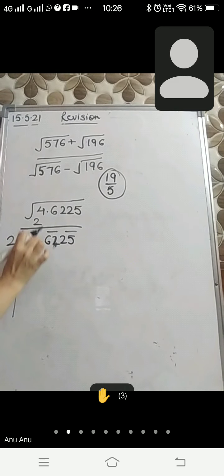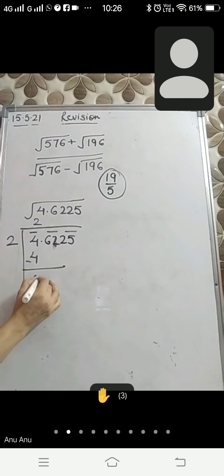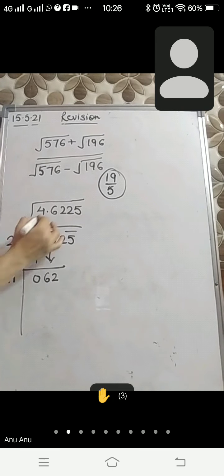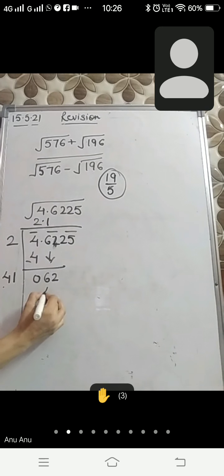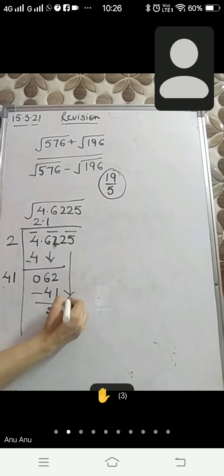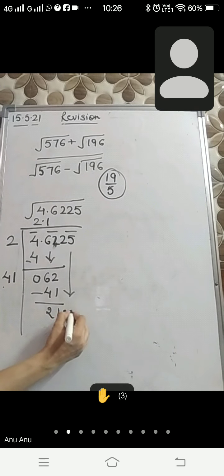2 2s are 4, remainder 0. Next pair is 62. Double of 2 is 4. You will write the decimal here as it is. And the next digit which you will write here is 1. 41 into 1 is 41 and the remainder is 21. Next pair is 25, 2125.